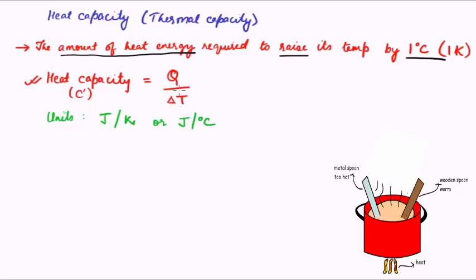And if the heat is given in calories, then it will alternatively be calorie per Kelvin or calorie per degree Celsius, or kilocalories. We can express it in whatever units is convenient as per our requirement. But basically the unit is the unit of heat energy upon the unit of temperature.